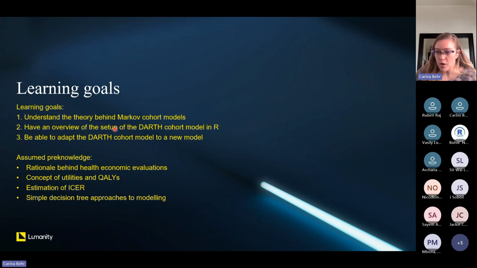Then we'll walk a little bit through adapting the DARTH cohort model. And we're assuming some pre-knowledge of basic health economics and utilities, qualities, ICERs, and those things.